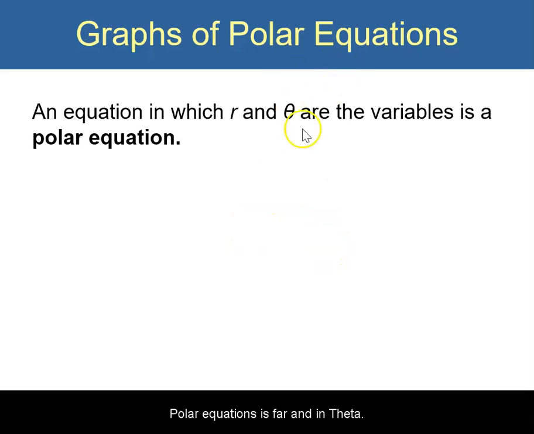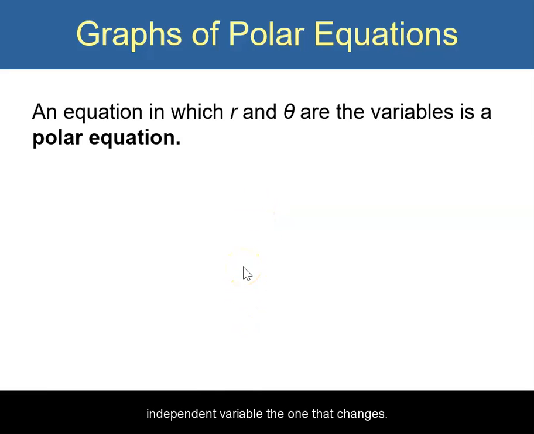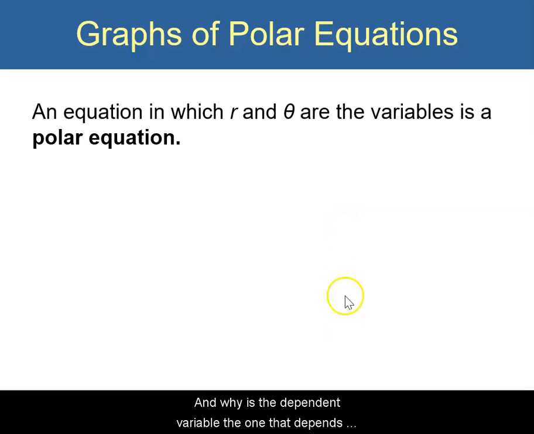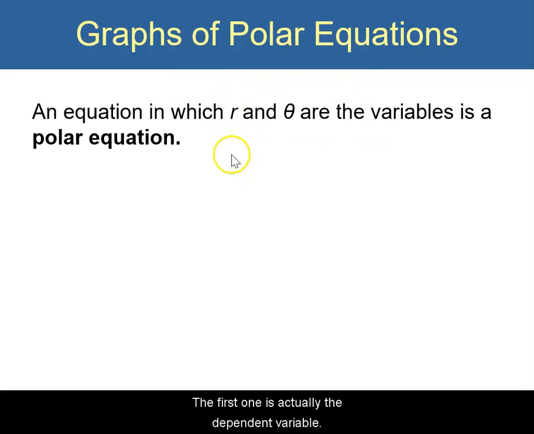In polar equations, it's r and then theta, but it's actually reversed. In rectangular, x is the independent variable, the one that changes, and y is the dependent variable, the one that depends on the one that changes. In polar equations, it's opposite. The first one, r, is the dependent variable, and theta is the one that changes. So my radius is going to change depending on the angle that I'm given.